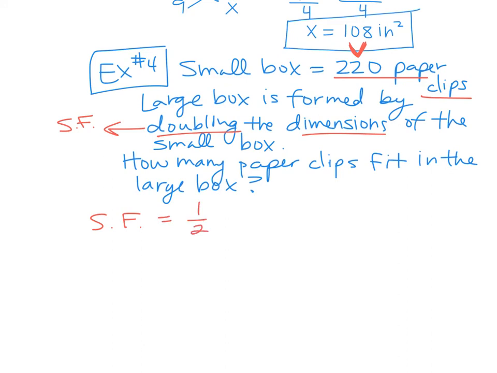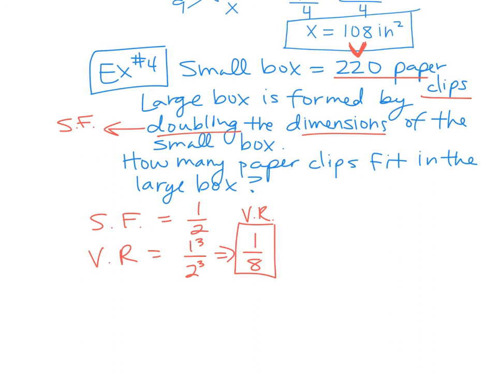I want to know how many paper clips fit in the large box. What am I finding? The volume. So we're looking for volume. We have the scale factor, so we're going to do a volume ratio of what? Your volume ratio would be 1 to 8, because you're cubing your scale factor. So 1 cubed over 2 cubed is 1 to 8. And then you just set up the proportion.